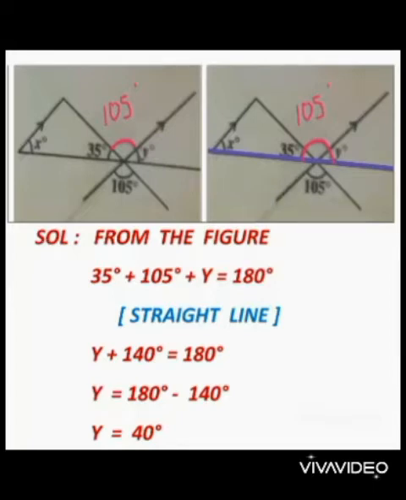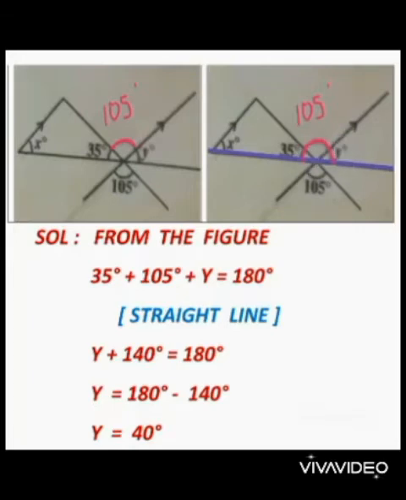Here, what is this, children? This is a straight line. See, I have given the marking in purple color. This is a straight line, and as this is a straight line, the sum of all the angles will be equal to how much, children? 180 degrees.